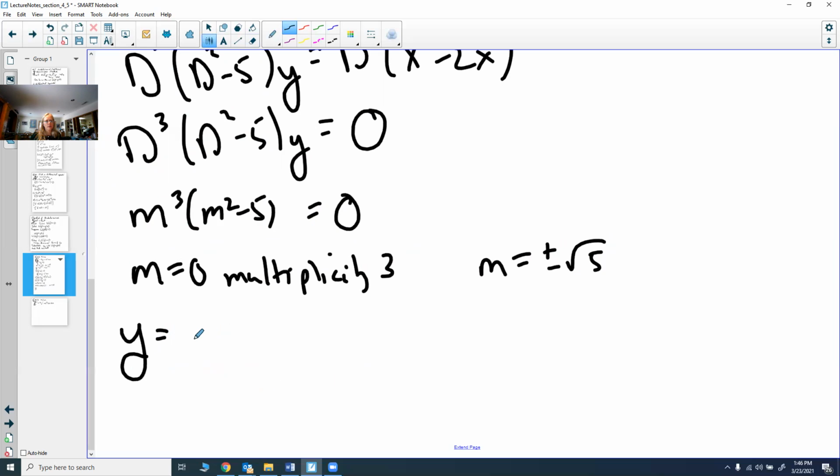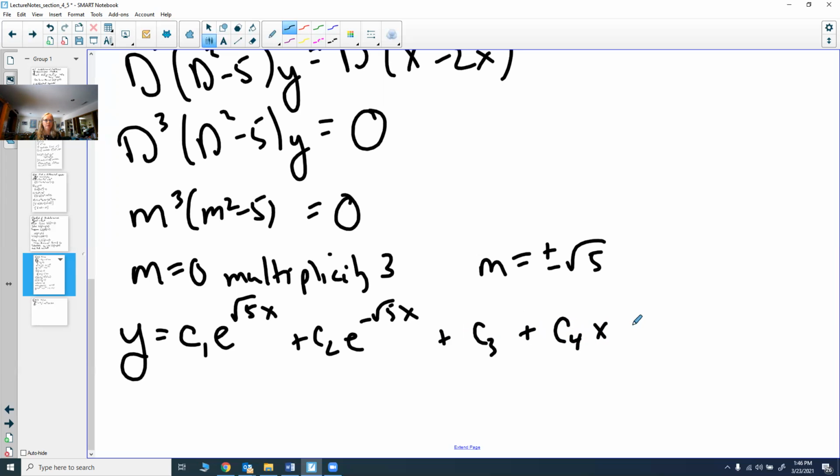My solution now is y is equal to c1 e to the square root of 5x plus c2 e to the negative square root of 5x plus c3 times e to the 0x, which is just 1, plus, because of the multiplicity, remember, you have c4x plus c5x squared. So m equals 0 gives e to the 0x, which is just 1, but then you need an x and you need an x squared.